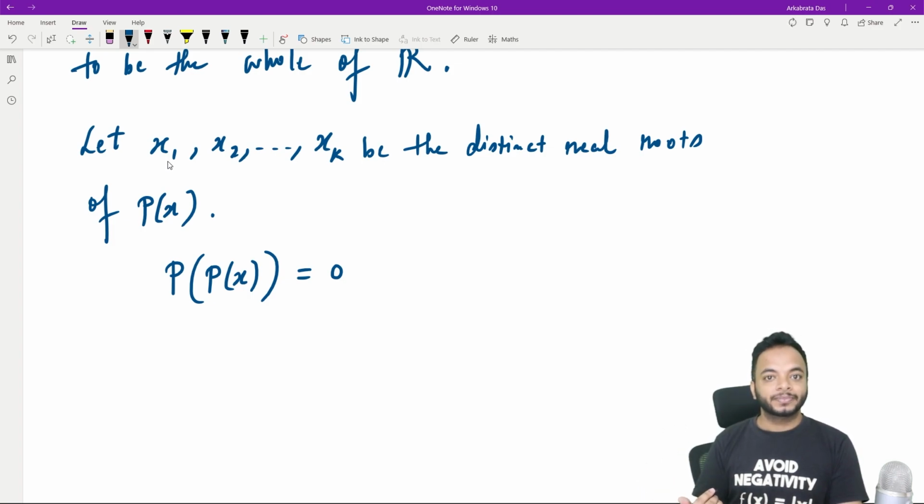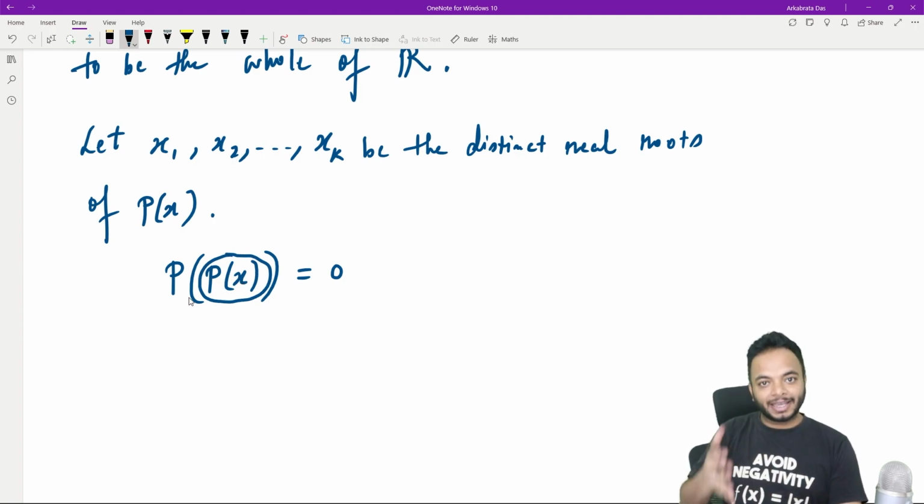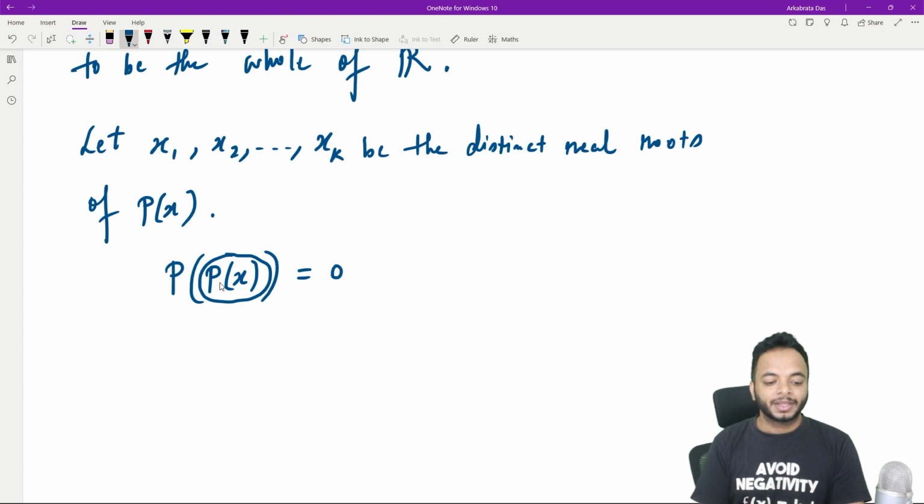So what I can do is, if I can simply get hold of x1 here, then it will again become p(x1) and it will become 0. And that's the beauty of this problem. Once you realize the first step, that the range is whole of R, it's done. Since the range is whole of R, x1 is also a real value, right?